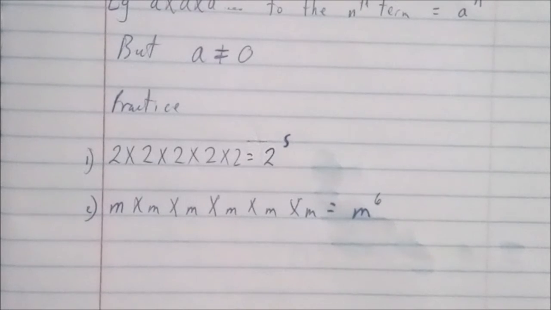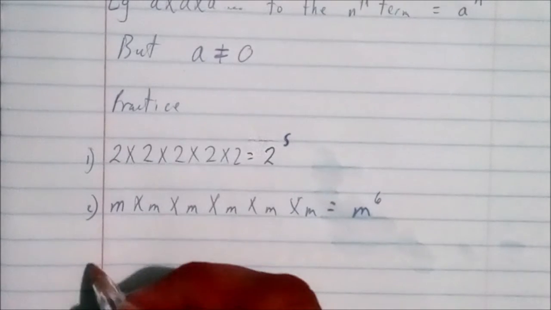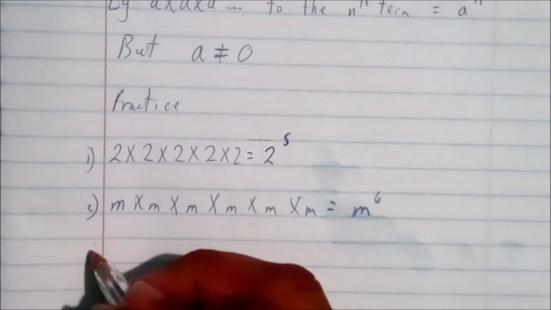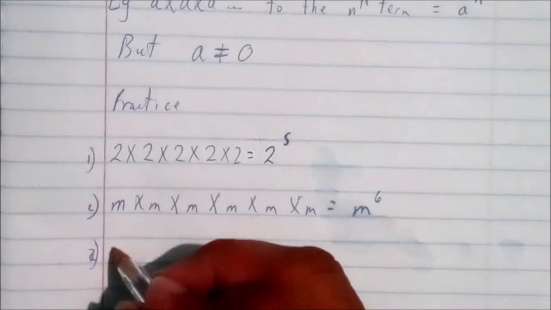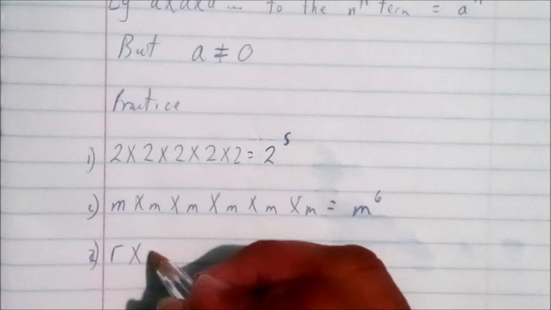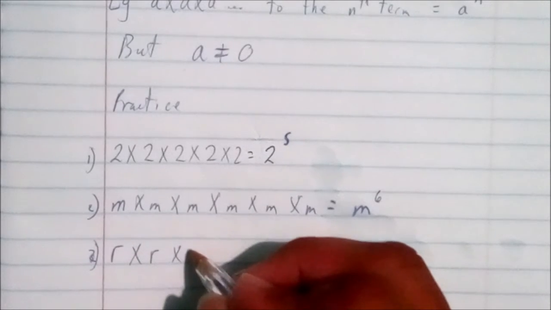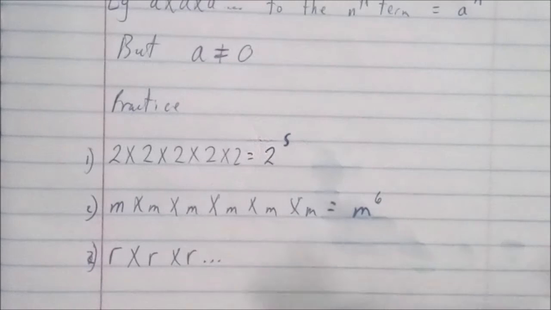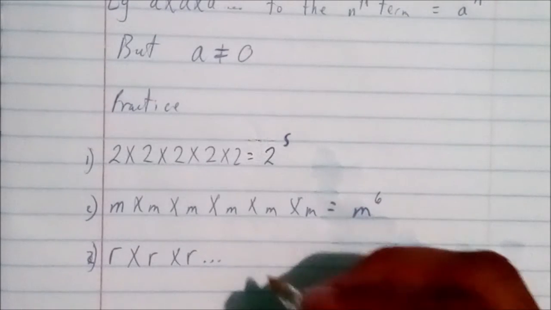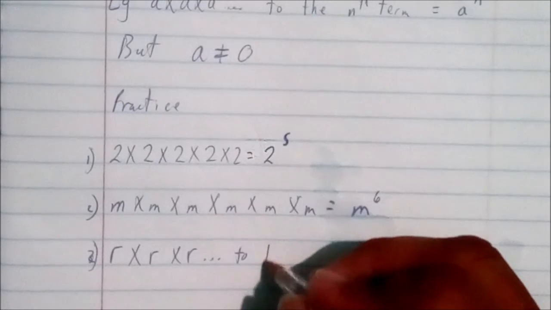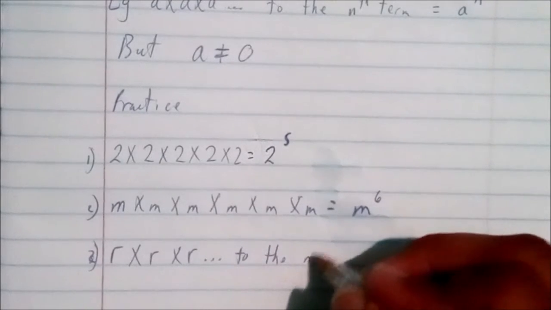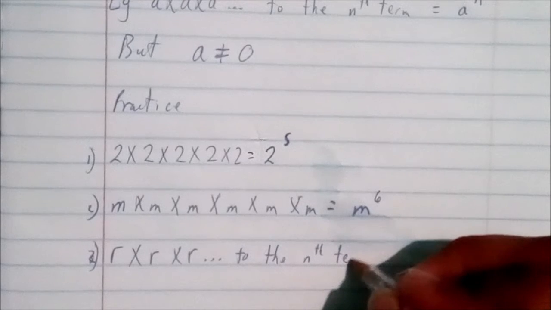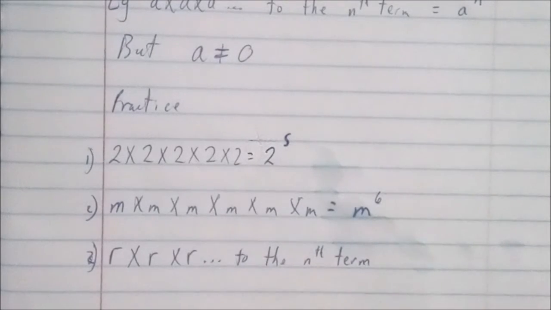Now, consider that I give you a problem like this. Call this example 3. R times R times R, and I put 3 little dots which represent continuing to repeat that number, multiplying it by itself to the nth term, or n amount of times.